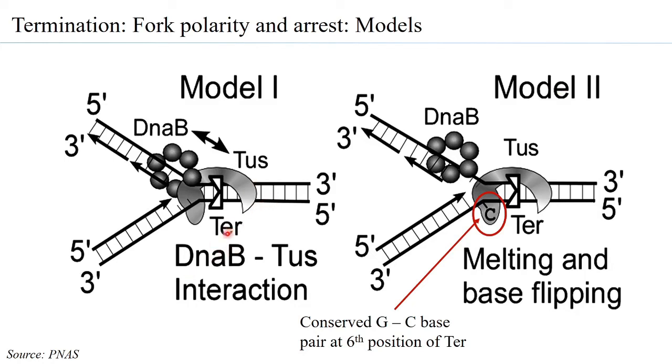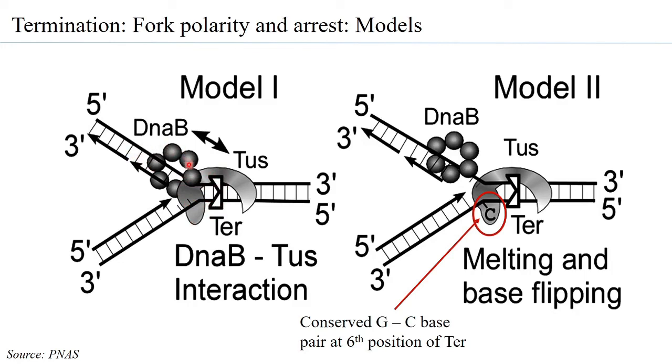One model suggested that when you have the TER binding to the TUS, because you have the Ter-Tus complex formed, as the fork approaches the non-permissive end, okay, so the positioning of the TUS is such on the TER, depending on the permissive and the non-permissive end, the TUS also binds to accentuate the permissive and the non-permissive end, and the TUS binding domain of helicase remains open when it binds to TER.